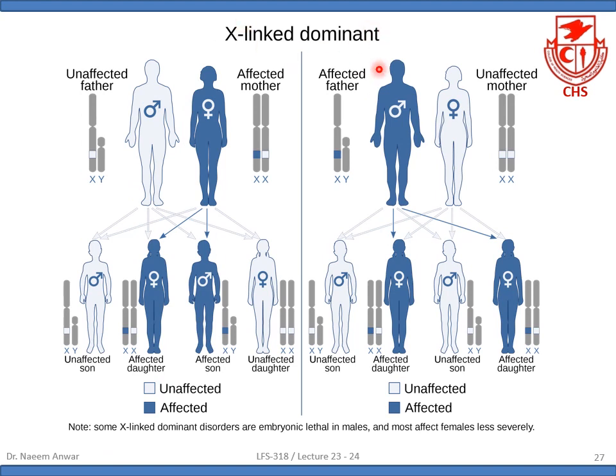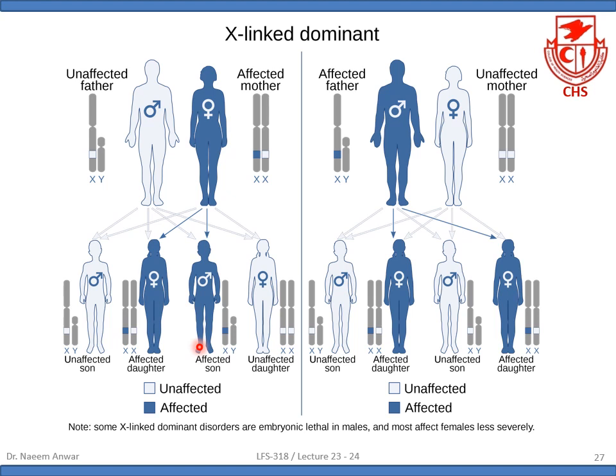Now the dominant, as you can see, no carriers. If the dominant trait is on the X chromosome of the mother, the same combination will happen, but because it's dominant, they will not be carriers, they will always be affected.